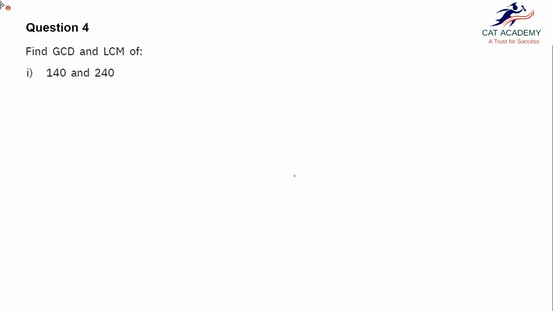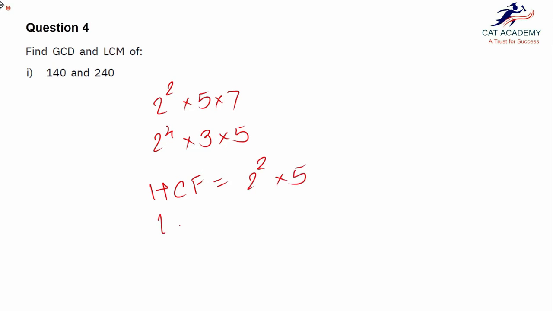So what I can do is prime factorize. 140 is 2 square into 5 into 7, and 240 is 2 raised to 4 into 3 into 5. So my HCF over here will be 2 raised to 2 into 5, and LCM will be 2 raised to 4 into 3, 5, 7. 1680 it will be, Surya.